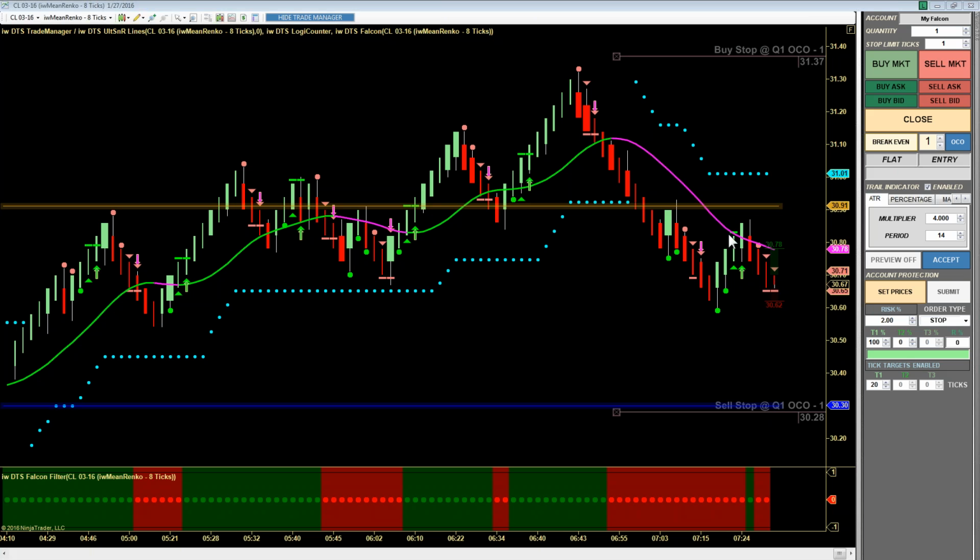All right, so actually getting a late filter entry signal here on the DTS system, which would be a sell signal. They've just engaged the order. We'll see whether or not that follows through there now.